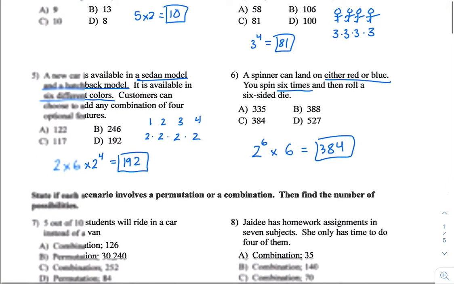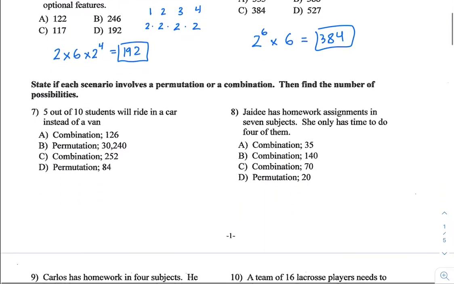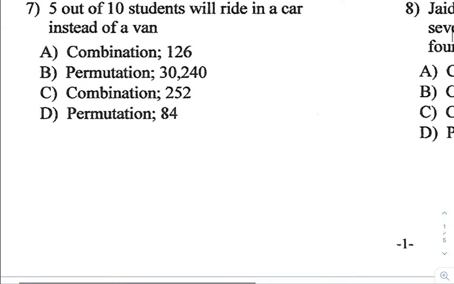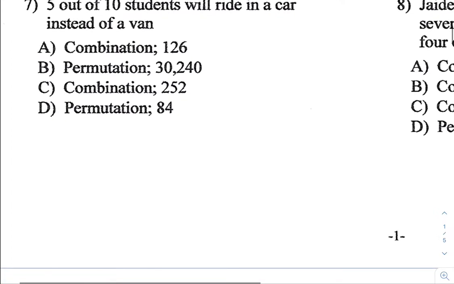Number 7. Okay, so make sure you look at those other YouTube videos as well, because some of you have a TI-30X for your graphing calculator or scientific calculator. Some of you have Casio, or some of you have a graphing calculator.